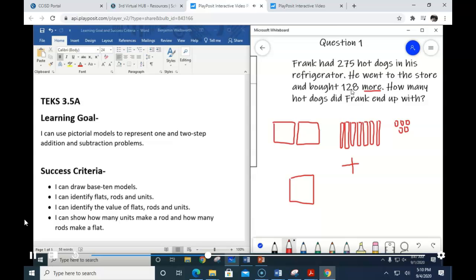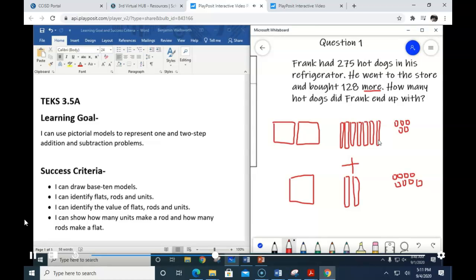We have a 2 in the tens place, which means we're going to have 2 rods. And then we have an 8 in the ones place, which means we're going to have 8 units. 1, 2, 3, 4, 5, 6, 7, and 8. Okay, so now we have our math problem drawn out for us in base 10 model.